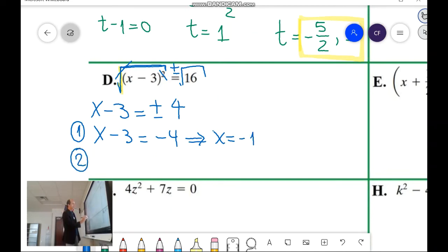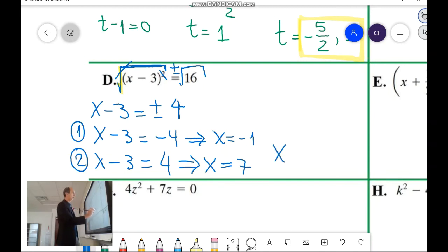And second solution, x minus 3 equals positive 4. x equals positive 4 plus 3, 7. So the answers are x equals negative 1 and 7.